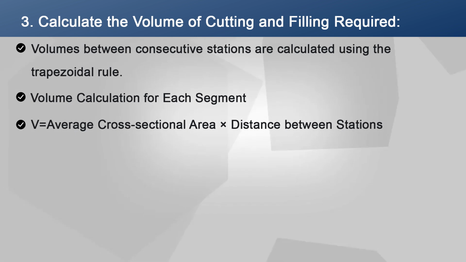Now, the third and the most important step will be calculation of volume of cutting and filling required. Volume can be calculated by this particular formula, V is equal to average cross sectional area into the length. So, for each interval we will calculate the volume.